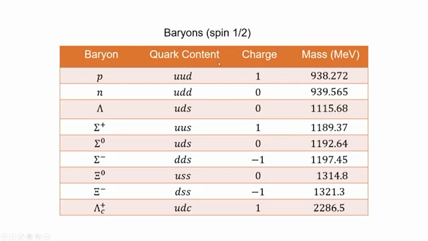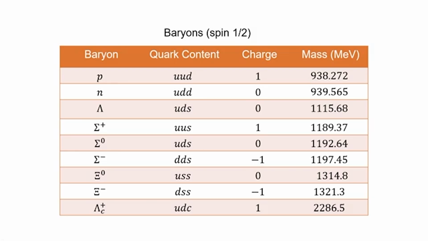Then there are these baryons which we have talked about, this proton, UUD, charge is equal to 1 and mass is known to be close to 940 MeV, 938.27. Similarly, neutron is UDD, charge 0, 939.56, almost same as that of proton, lambda particles and so on and so forth, UDS, and these are the masses that are given.